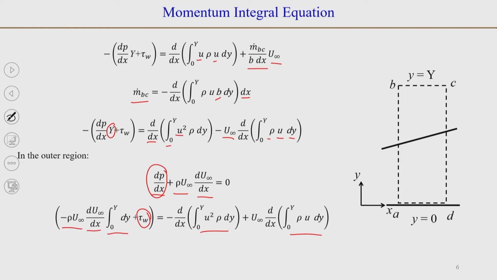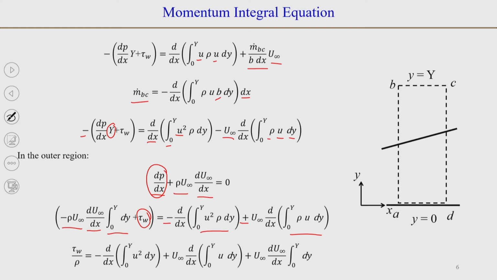So, we will write this in terms of integral 0 to capital Y, and see if we can simplify or combine these terms to get something which is familiar to us. There was this minus sign, so we have changed the sign on the other side. That is why we have this sign here negative, and this sign has become positive. Everything else remains the same.